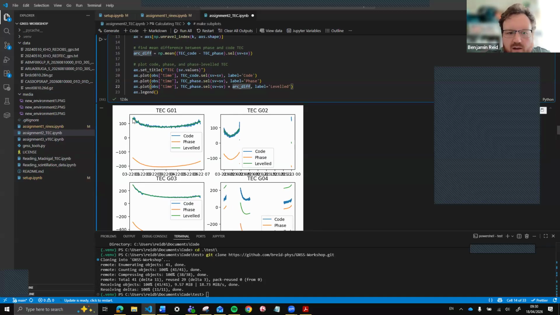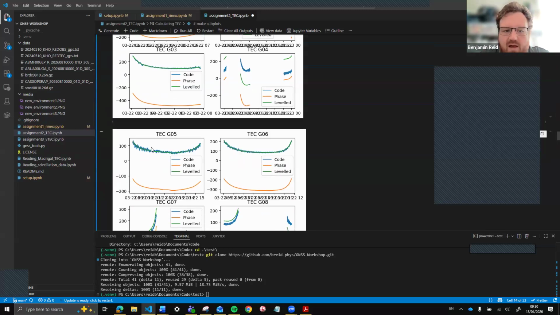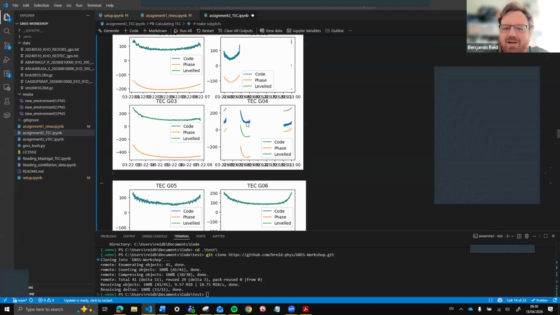You can see here the blue is the code, the orange is the phase, and the little green line, if you can see that with the compression, goes right over top of it. Code, phase, level, it all works more or less perfectly, at least whenever there's only one arc. The integer ambiguity depends on what arc number you're at.